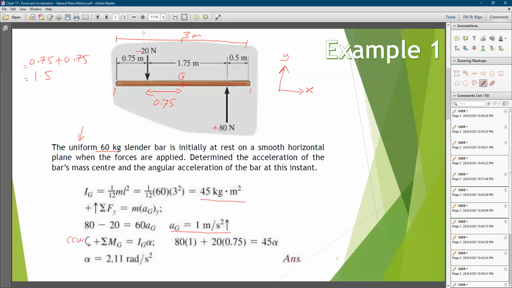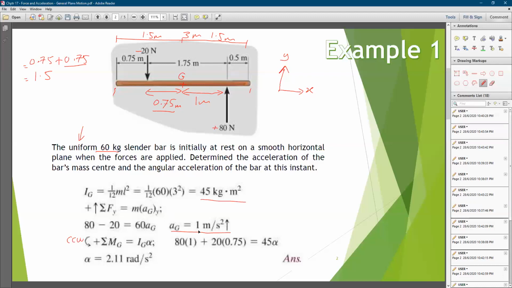So half of it should be 1.5 meters here, and 1.5 meters on this side. And then on this part it should be 1 meter, because 1.75 minus 0.75, so you're left with 1 meter.